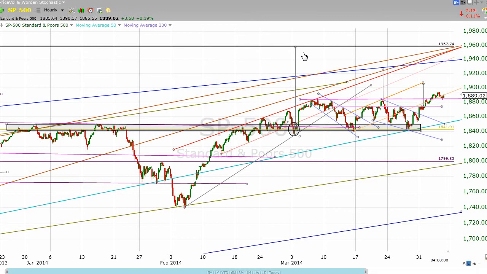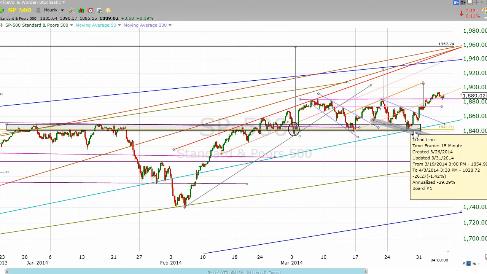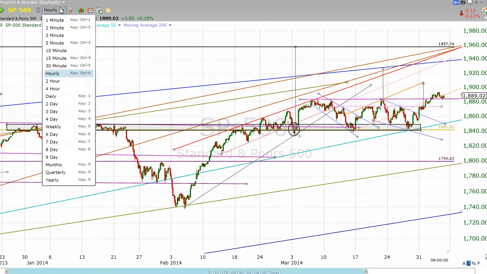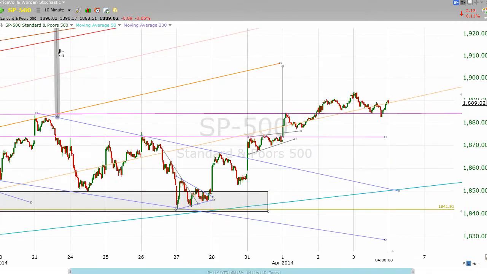That told us that we should be looking at a target of about 1958. We got up to 1884, came back down to our neckline, back up to 1884, back down to our neckline. Then we came up to 1884 again and got over it. So far, this now marks the third day in a row that we have been over our neckline of 1884.